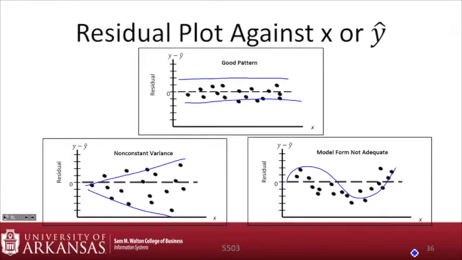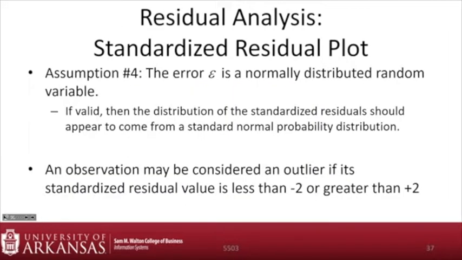Cone-shaped thing, our variances aren't the same. And if our residuals are doing something funky like this, then we shouldn't be doing a linear regression. This is tipping us off that linear is not the way to go. There's probably some curvilinear thing going on. There's something weird going on with our data. And so we're just going to look at it. It's just a visual inspection. We don't have any values that we're actually going to look at for right now.